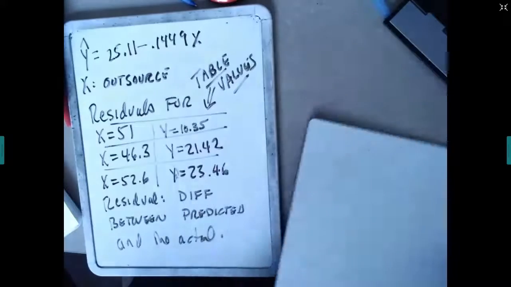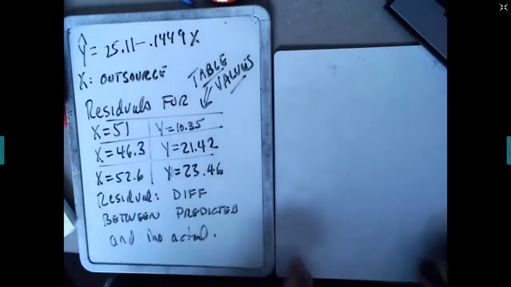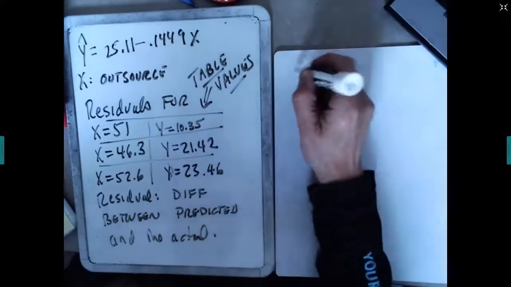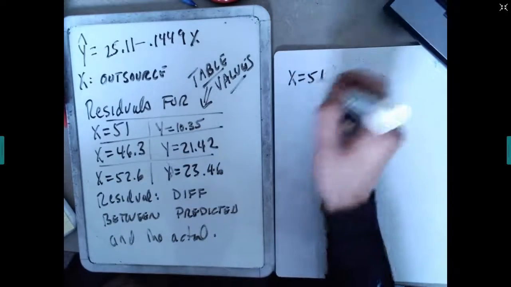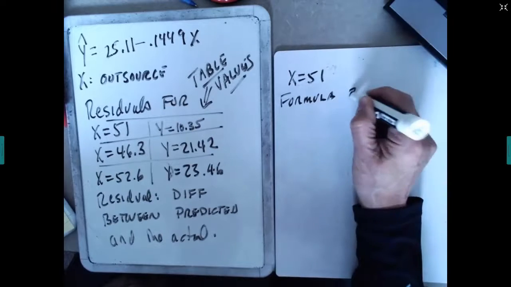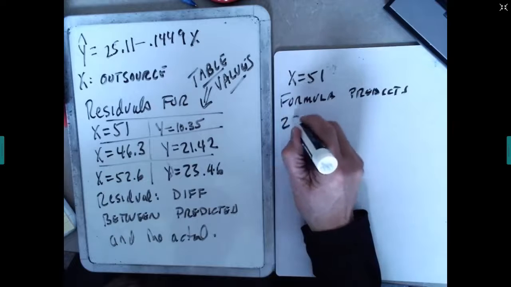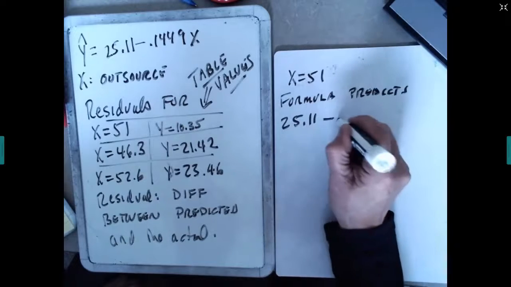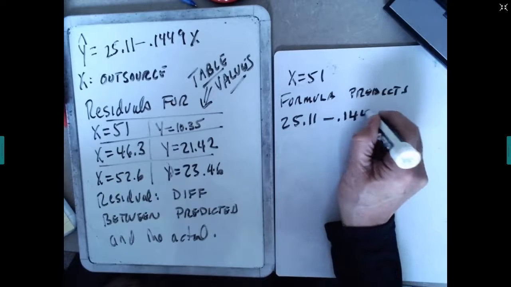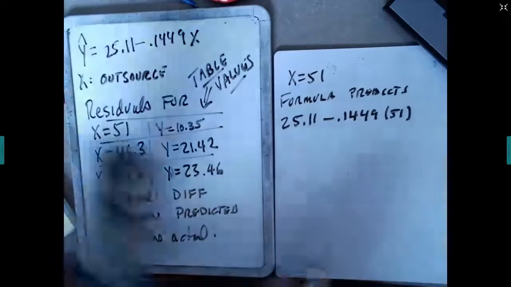Let's do the first residual, and I think it'll be clear here. For 51, the formula predicts 25.11 minus 0.1449 times 51.